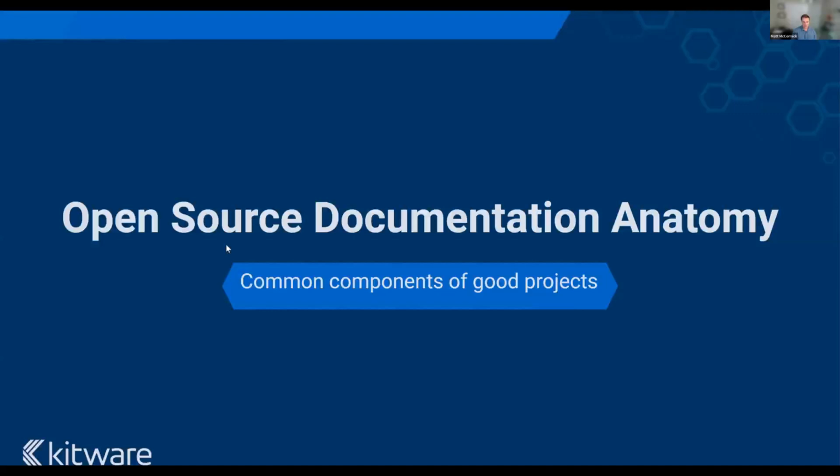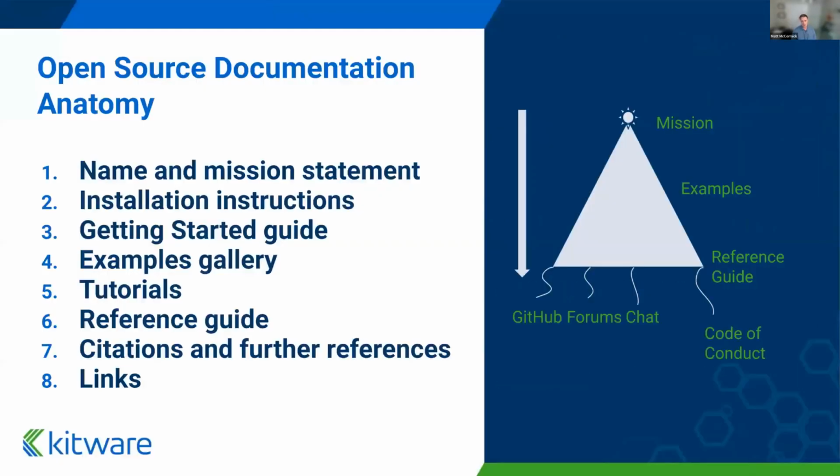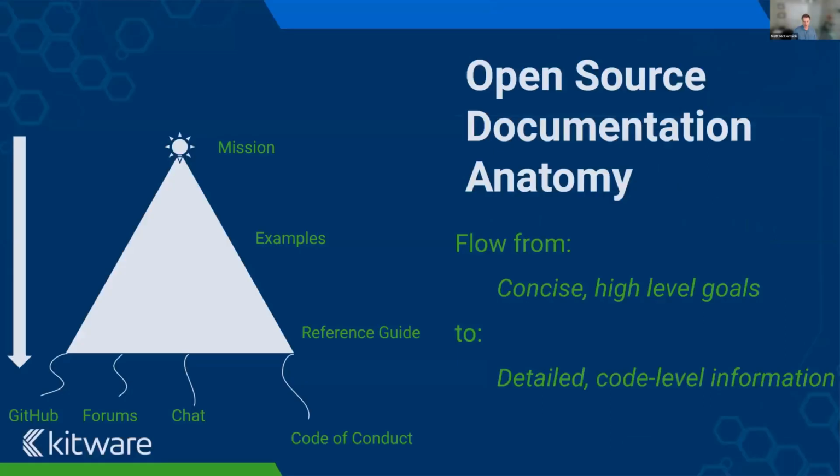In this next section, we're going to go over the common pieces of good open source documentation. From a high level, we start from something that's small and concise, focused on the goal, the mission and the purpose of the project.